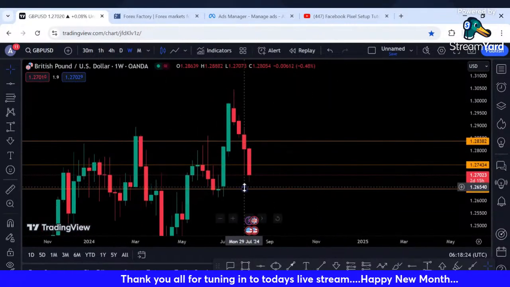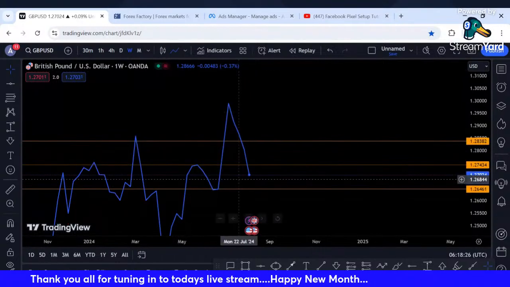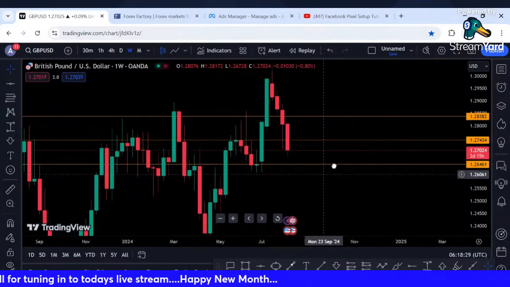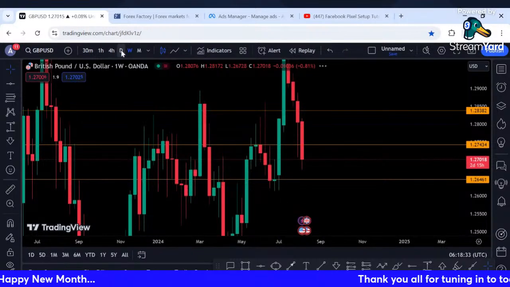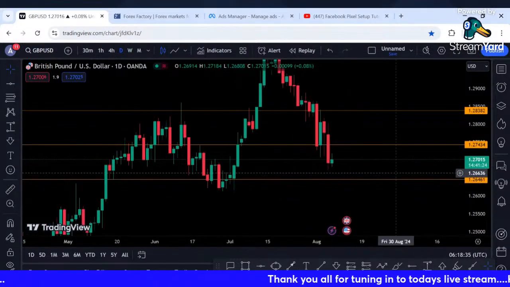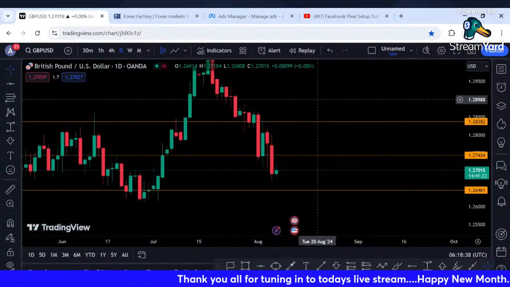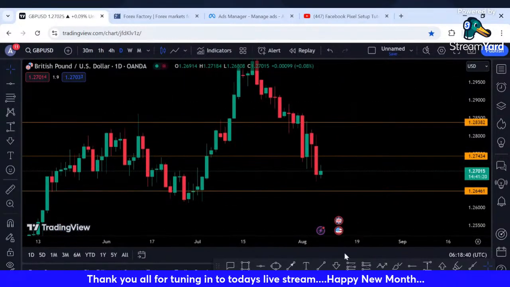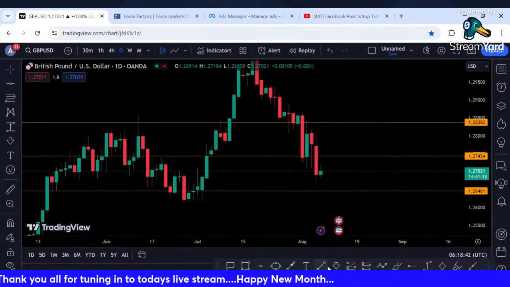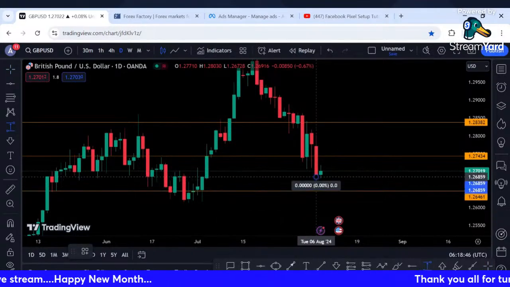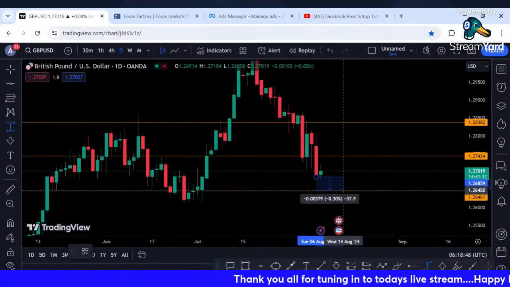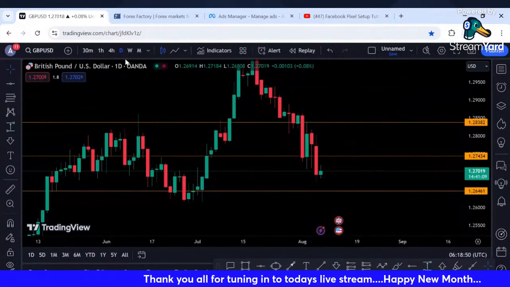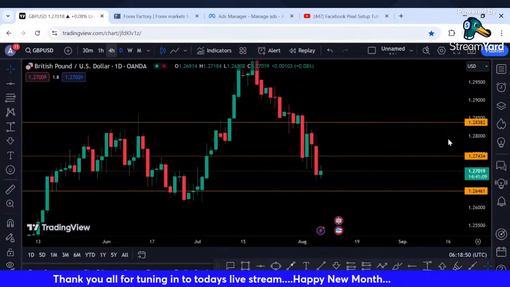On the weekly time frame, this is where the current price is. So I don't have to draw any support and resistance. So let's move to the daily time frame. On the daily time frame, this is the zone price might move to. This is the zone price might move to. So let's move to the H4 time frame.